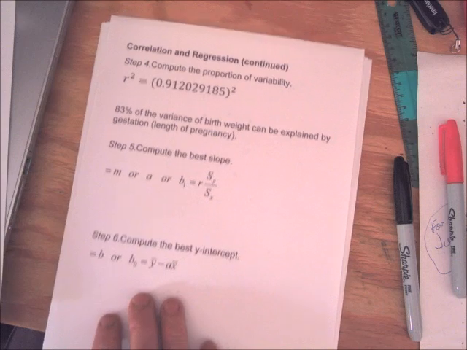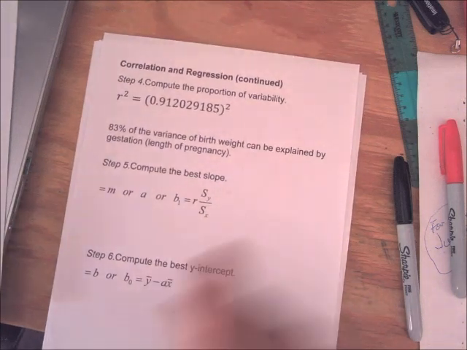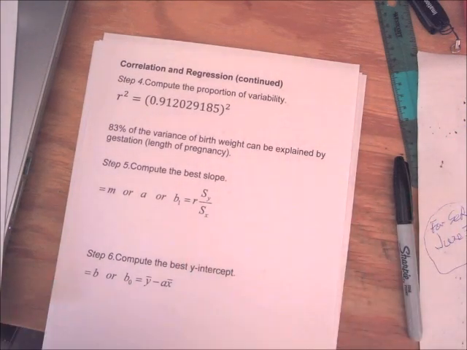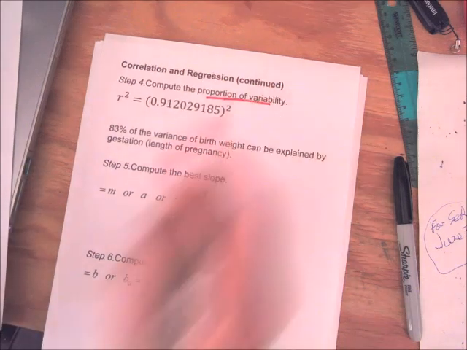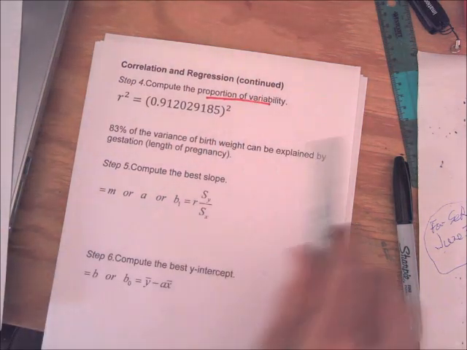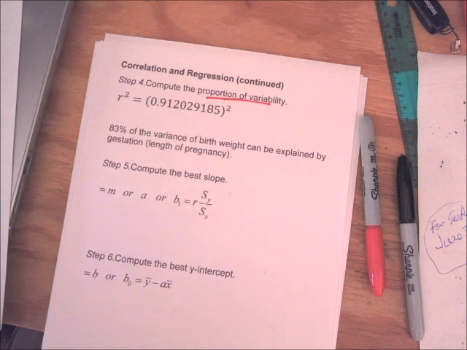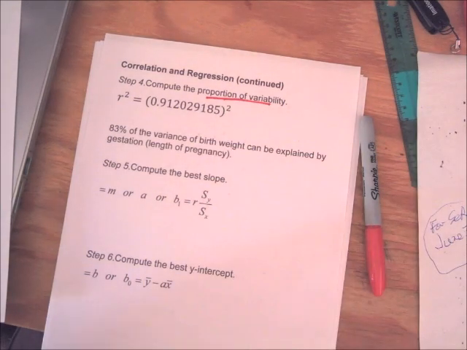Related to the correlation coefficient is the proportion of variability. That's r squared. It's often expressed as percent, but that's the correlation coefficient times itself. So it's r times r, or r to the second power. And if you multiply this out, you get 0.83.